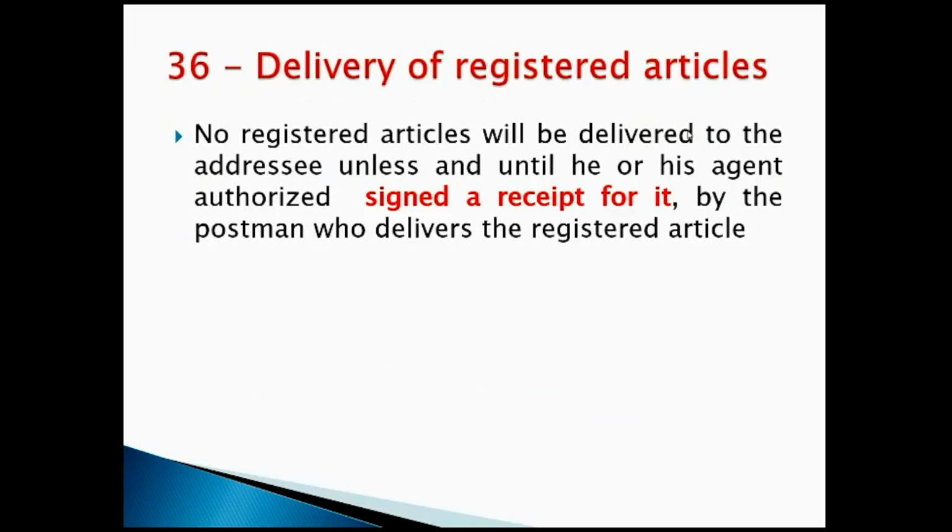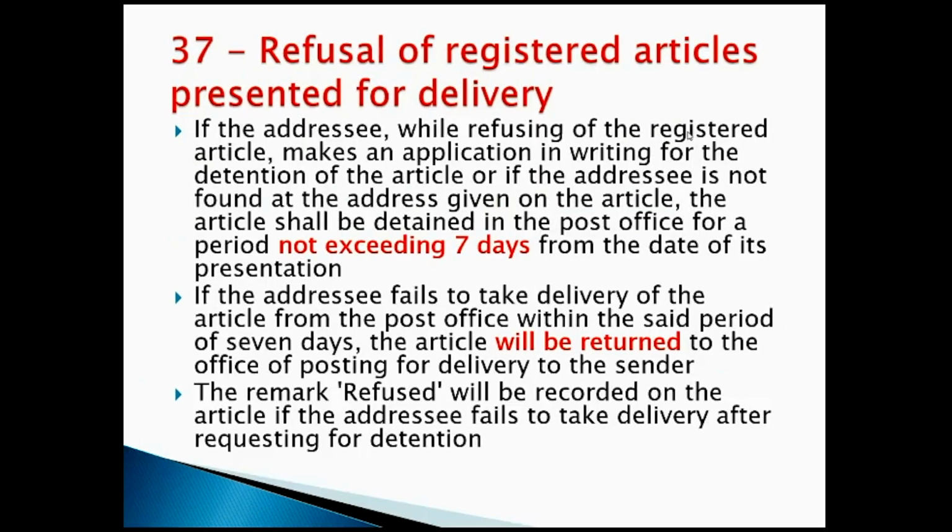We have to deliver those articles only to the addressee or his authorized person. So no registered article will be delivered unless the addressee signs a receipt for it to the postman who delivers such article.